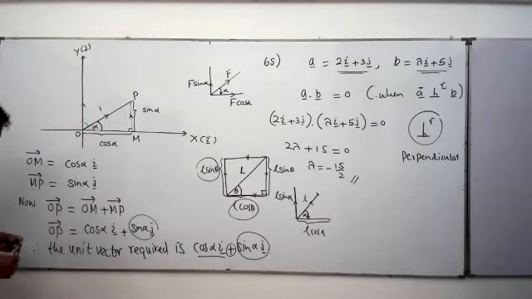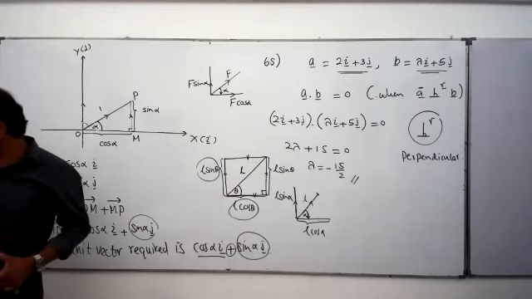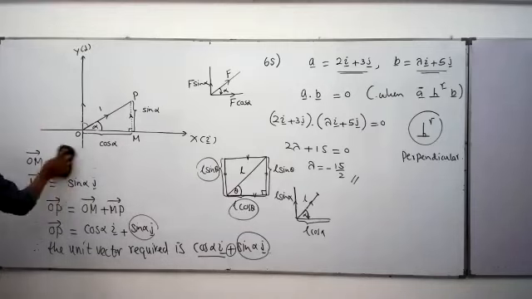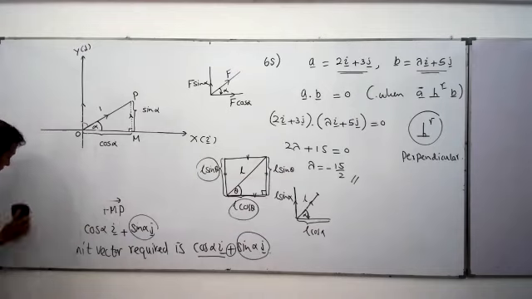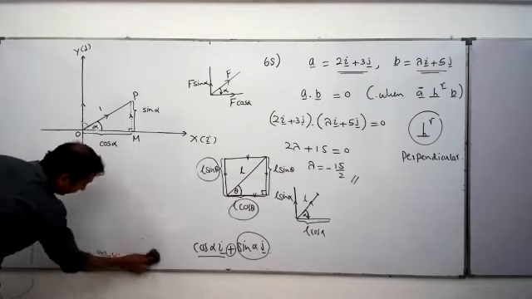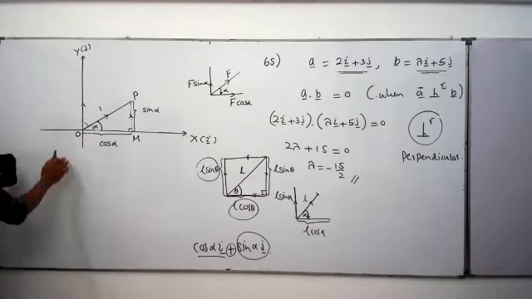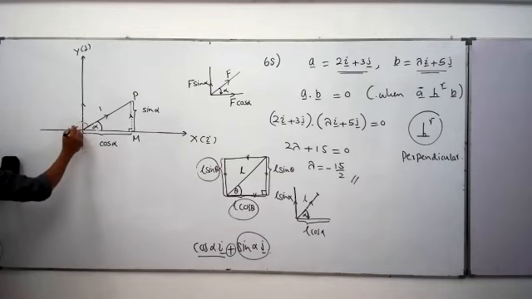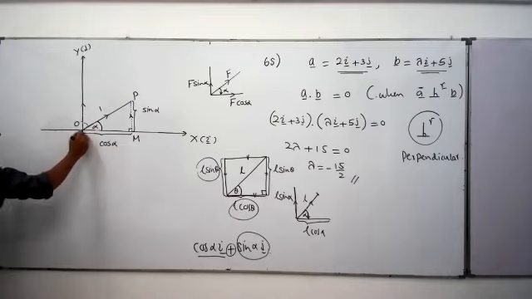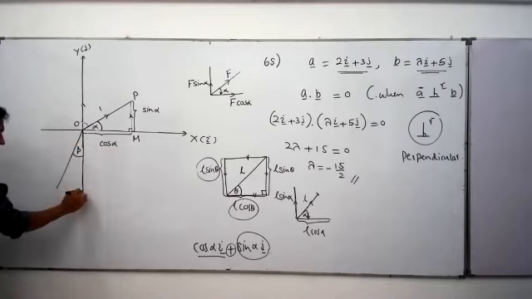Right. So now, using that, people, suppose we have one unit vector like this. That unit vector is this way, people. That makes an angle beta with the negative y-axis.